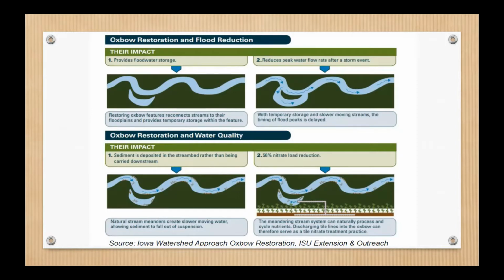If tile lines are nearby, the funding option with IDALS is present. IDALS, the Iowa Department of Agriculture and Land Stewardship, will offer up to 50% of the funding for construction of the oxbows that can take in tile drainage, because it is such an effective way of denitrifying that tile water before it enters the stream. If not, you still have funding sources, and there are still great benefits to oxbows, from habitat to nitrate and phosphorus reduction.